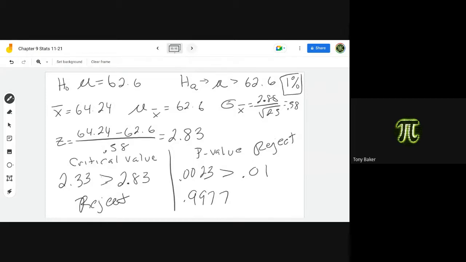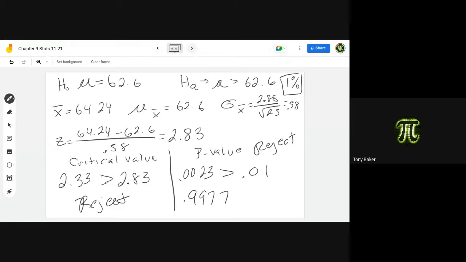I look in the middle here for 0.99, and I get it right here, which is 2.33. That's why the 2.33 came. I go for the one that's closest to 0.99, and that's the number I'm comparing it to. So since my z-score is bigger than the 2.33, I reject the claim, because I wanted it less than that.